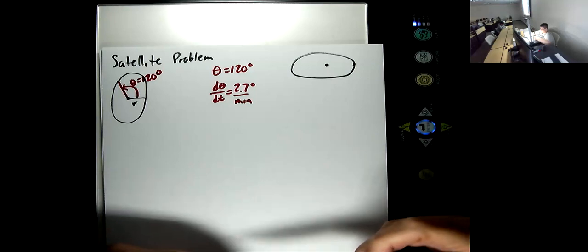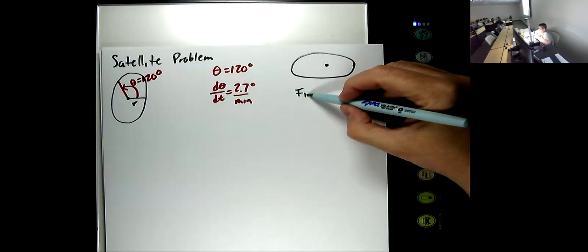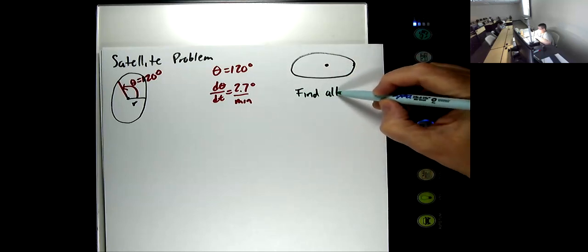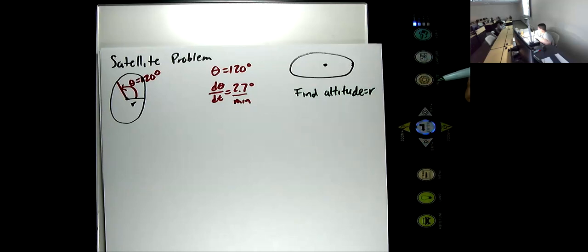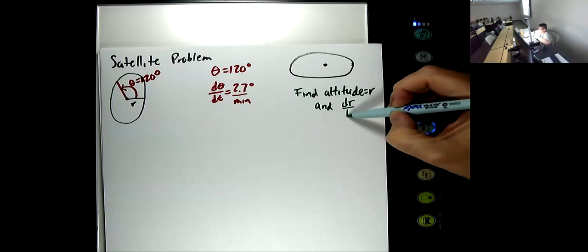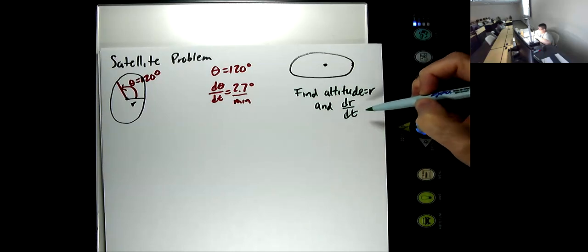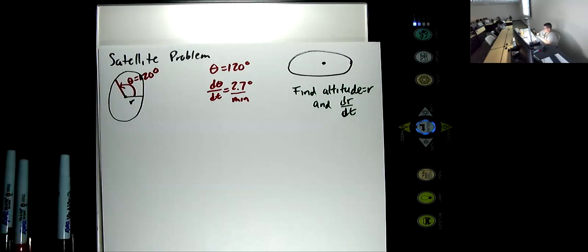They want you to find the altitude, which here is R, and the rate at which the altitude is changing, dr dt. So with the right sketch, you've got what you need. Make sure you change to radians before you start using stuff.